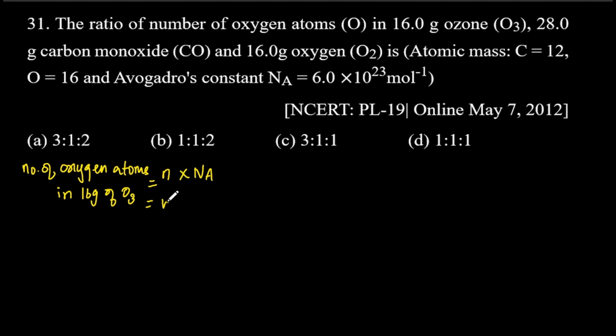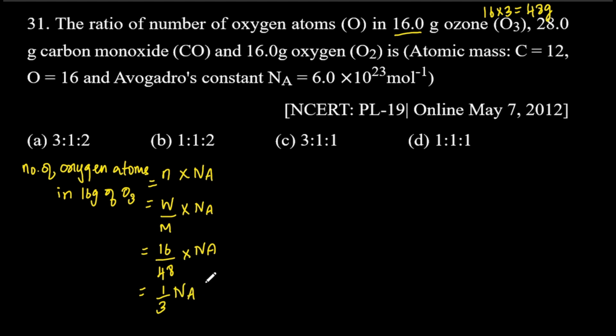Number of moles formula is given mass by molar mass into Avogadro number. So the given mass of ozone is 16 gram, divided by the molar mass of ozone. 3 oxygen atoms are there, so 16 into 3, which is 48 gram. So you will get 48 for the molar mass of ozone into Na. If you cancel this, you will get 1 by 3 Na.